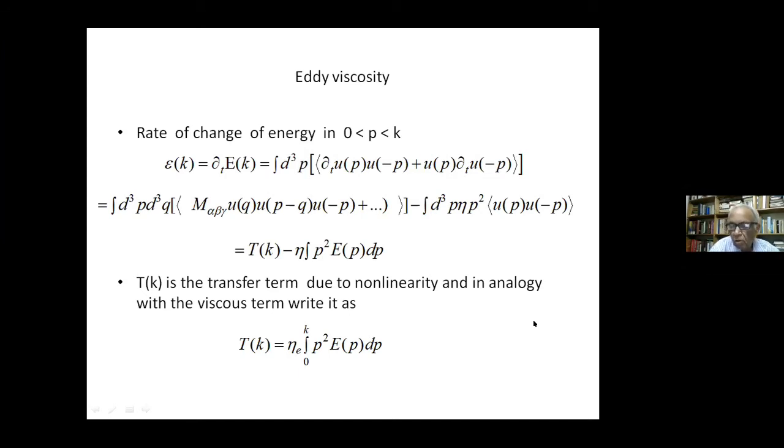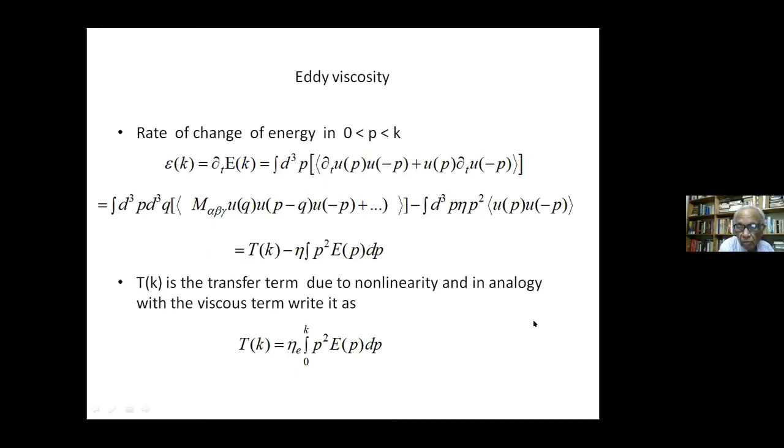So from below K to above K per unit time, T of K is the transfer term. The viscous transfer is the second term over here, eta times this quantity, which is a negative quantity and left to itself would have damped things out. There is the forcing part, which I have not written down simply because that is not something we would be talking about at all.